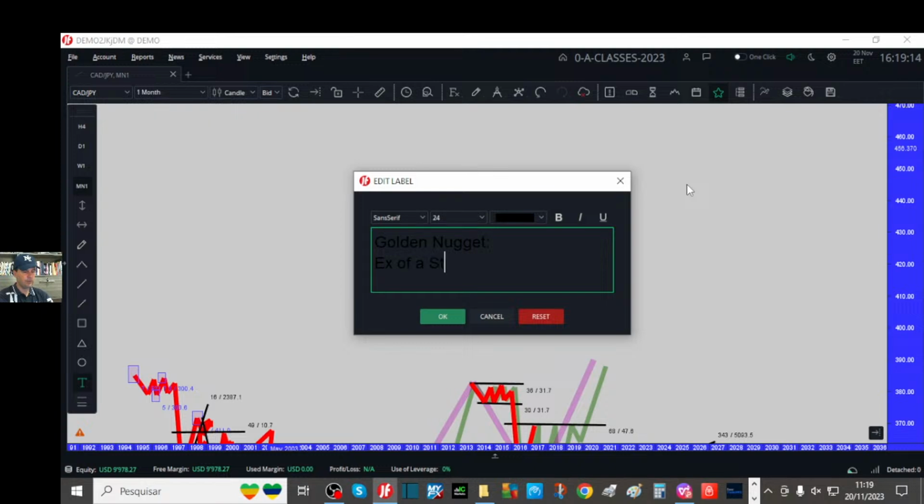Example of a strategy rule. If I lose 3 consecutive times on the same currency pair, trading the same pattern on the same time frame, I stop trading because there is an 80% chance.